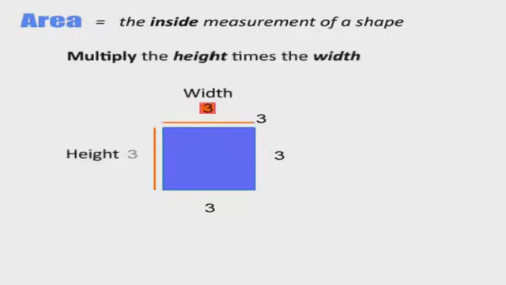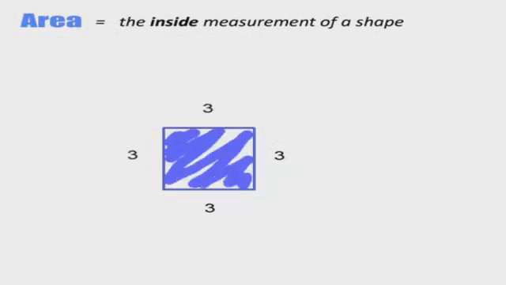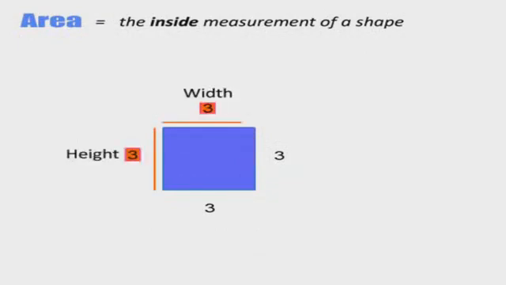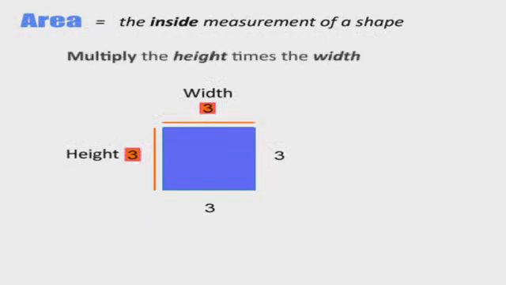Multiplying height by the width, you get your area. For a square, the height and the width are equal, so we can call both of them height or both of them length. For a square, both sides are equal. Therefore, you can say 3 squared is 9.